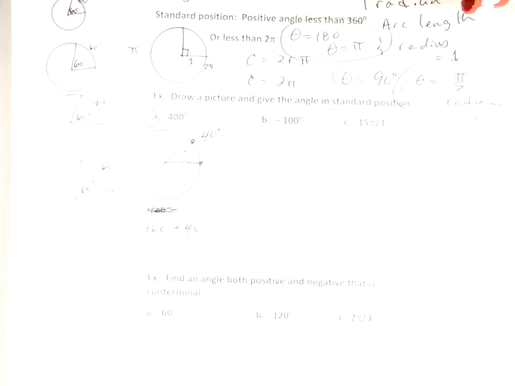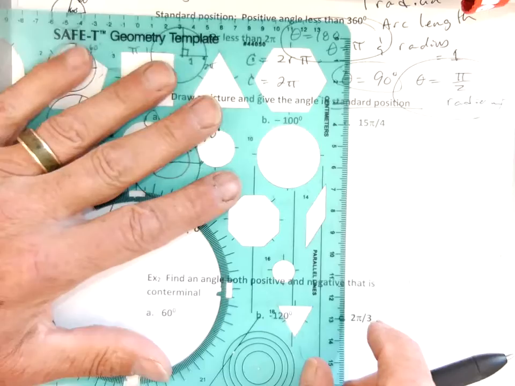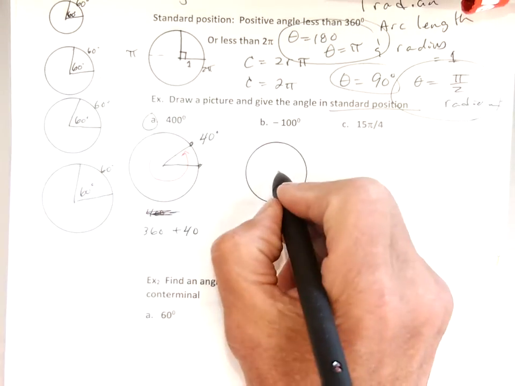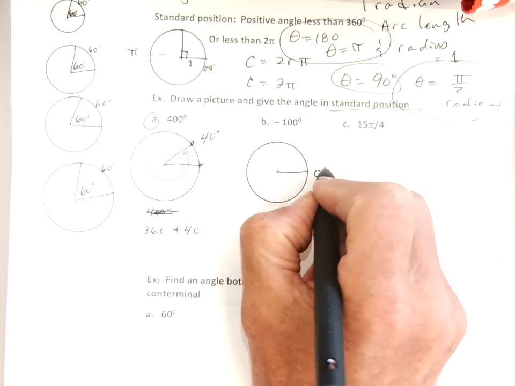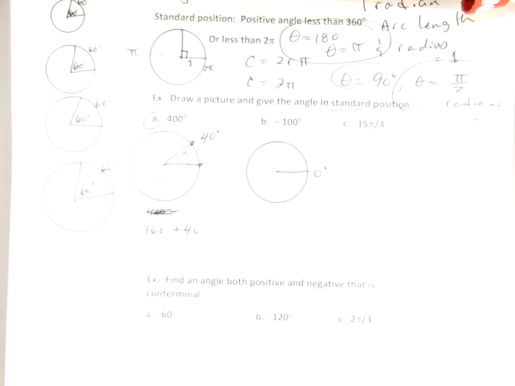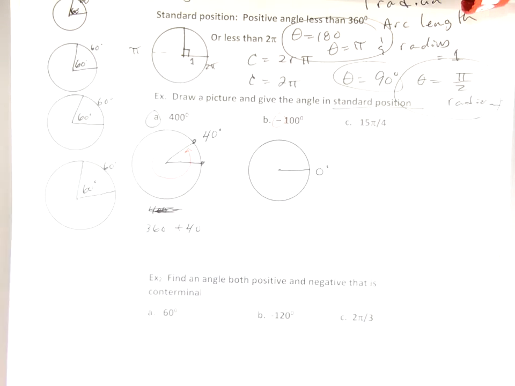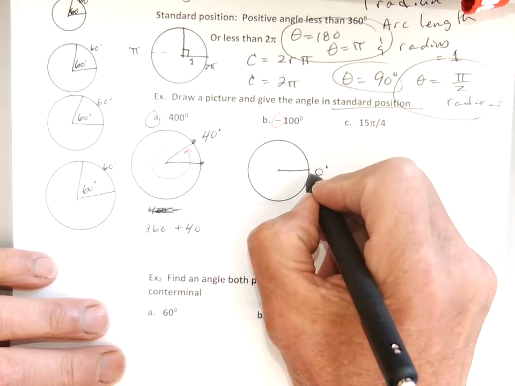And then if I wanted to do negative 100 degrees, well, let's see here. Let me draw my circle. So if it's negative, it's just backwards, that's all. We're going to go backwards 100 degrees.